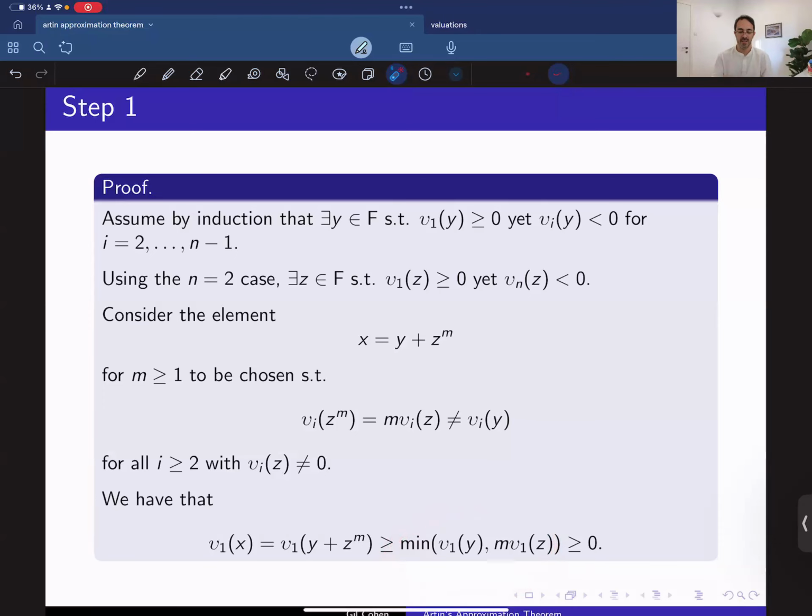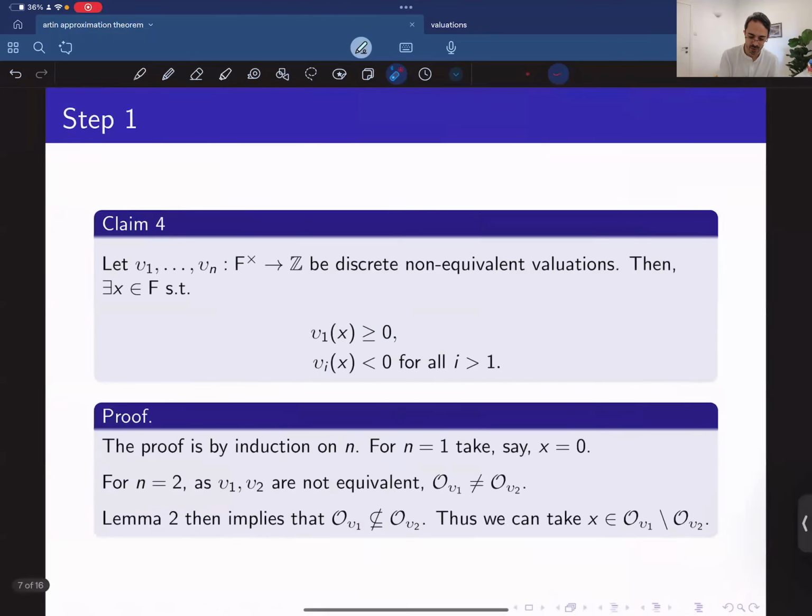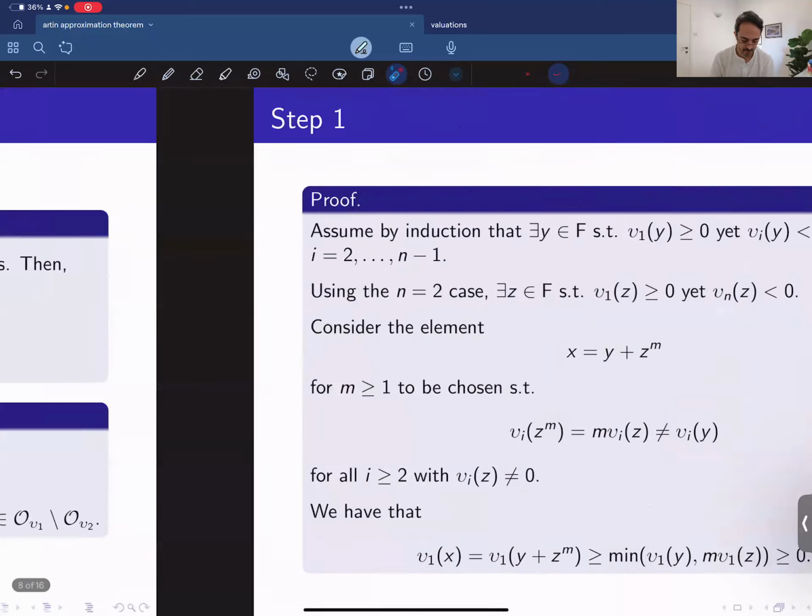So V1 of X is non-negative, that's what we wanted, right? If you recall going backwards, you want this to happen. But you want Vi of X to be negative for the other valuations, so let's see that.